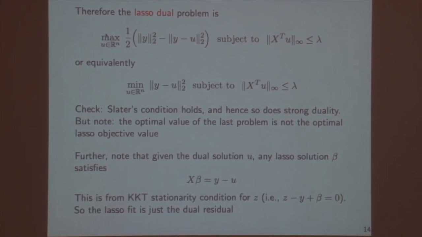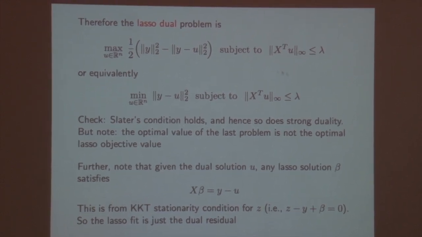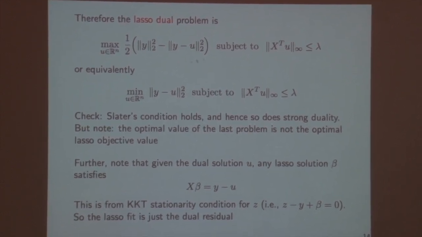Strictly speaking, we ended up with this problem, maximizing the Lagrange dual function. This constraint came from the fact that the Lagrange dual function actually had an indicator in it, right? That's the same as writing this constraint. It's equivalent to minimizing the negative of this criterion and throwing away terms that don't depend on the dual variable u. So it's equivalent to this problem.